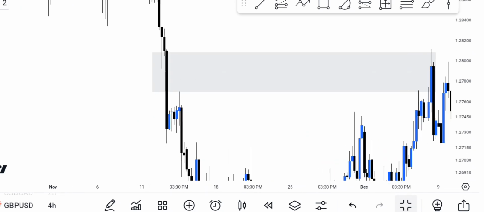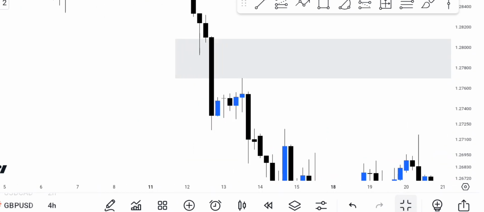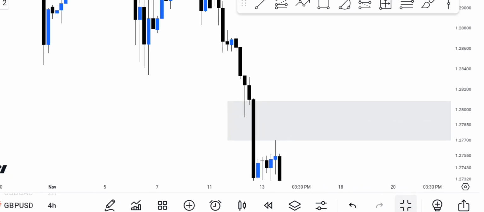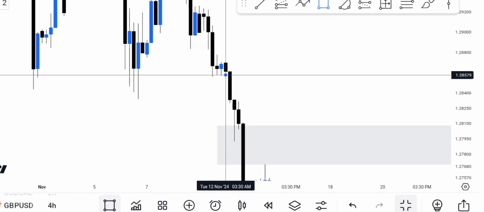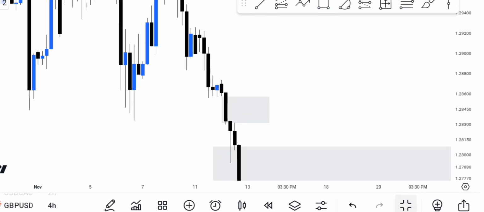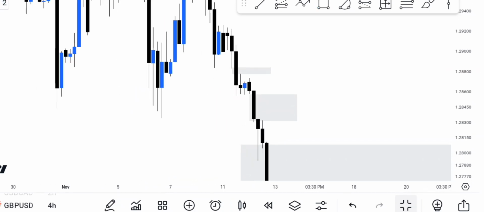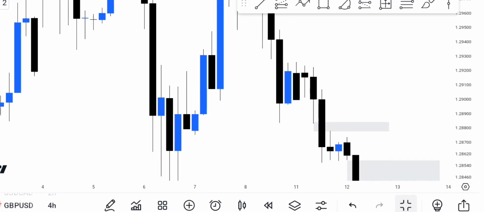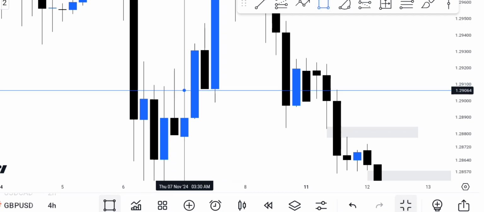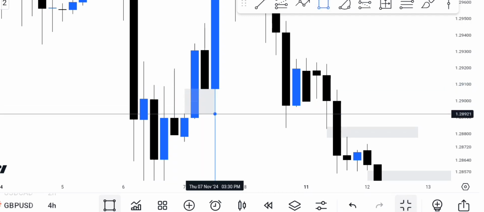A breakaway gap is simply that FVG that remains open. Understand? This is a fair value gap, this is a fair value gap, and this is also a fair value gap. So what is a breakaway gap? A breakaway gap is simply like this. In the scenario you can see price already filled this fair value gap. Okay, right?